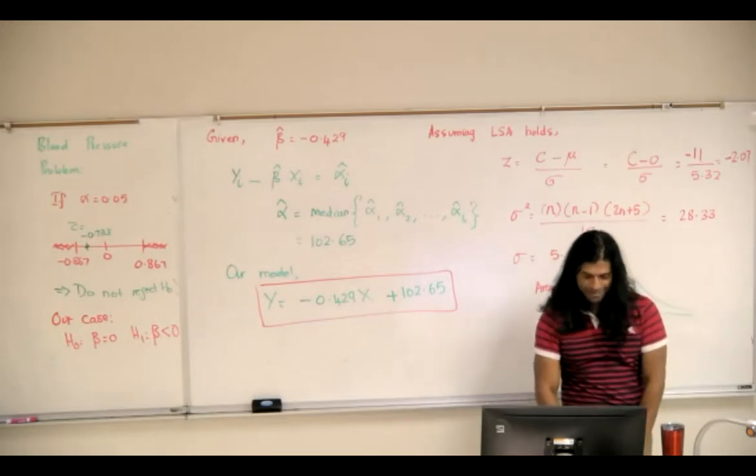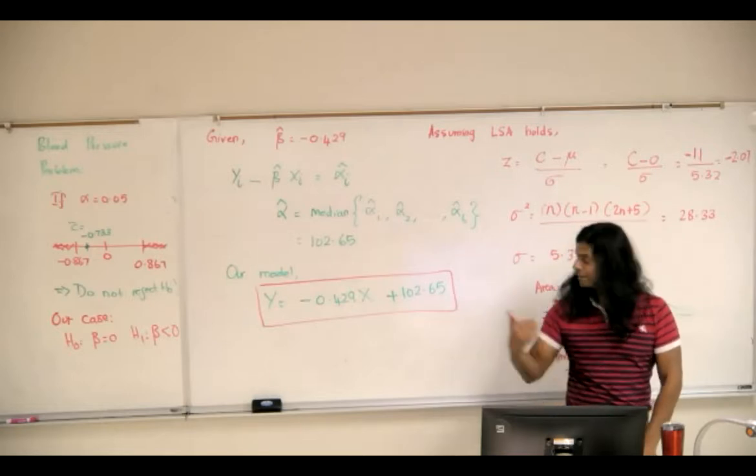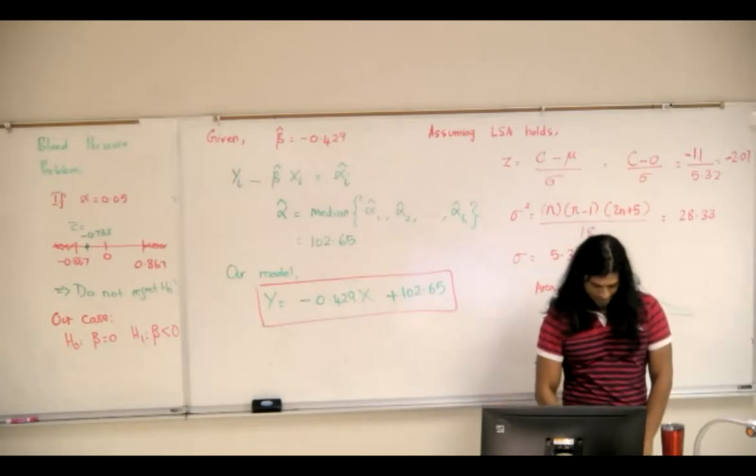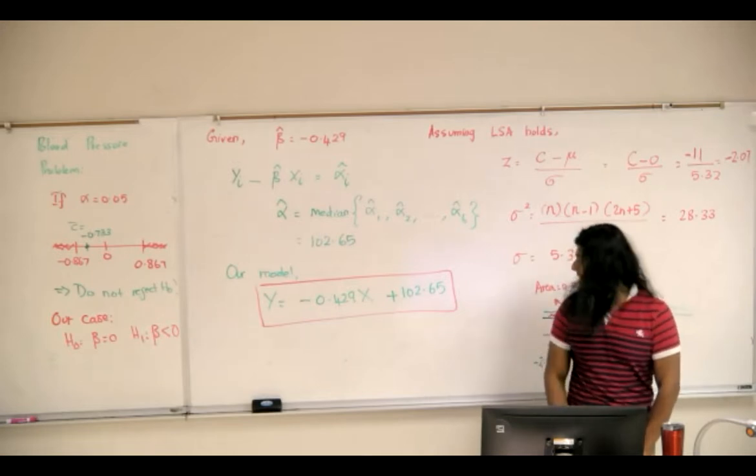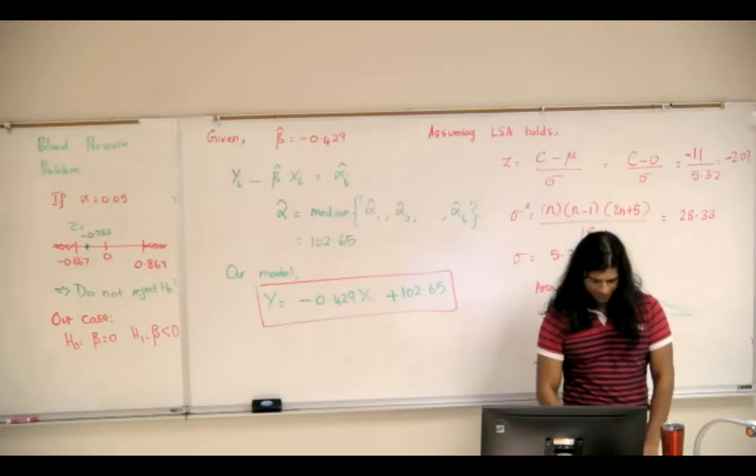So I have the x values, the y values computed using the model, negative 0.429 times x plus 102.65. So plot, no, I already have the plot.